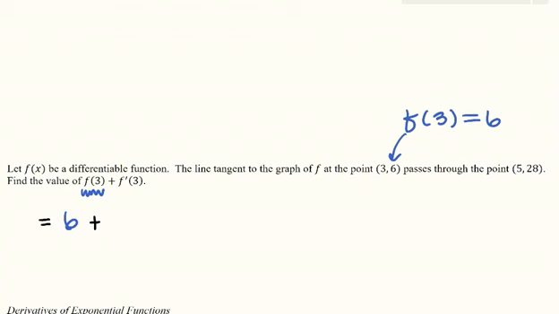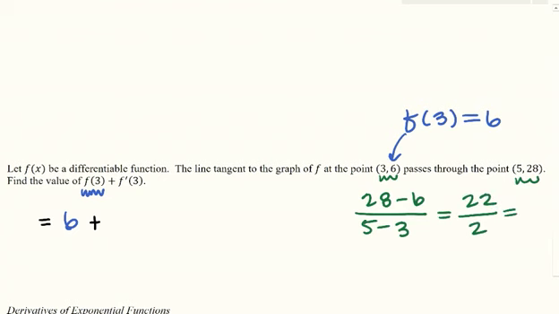Slope, intercepts, parallel and perpendicular lines. So I could use the slope formula using this point and that. And remember, it's rise over run. You'd be amazed how many things in this calculus course are going to come down to rise over run. So it's going to be y2 minus y1 over x2 minus x1. That's going to be 22 over 2, which is 11.